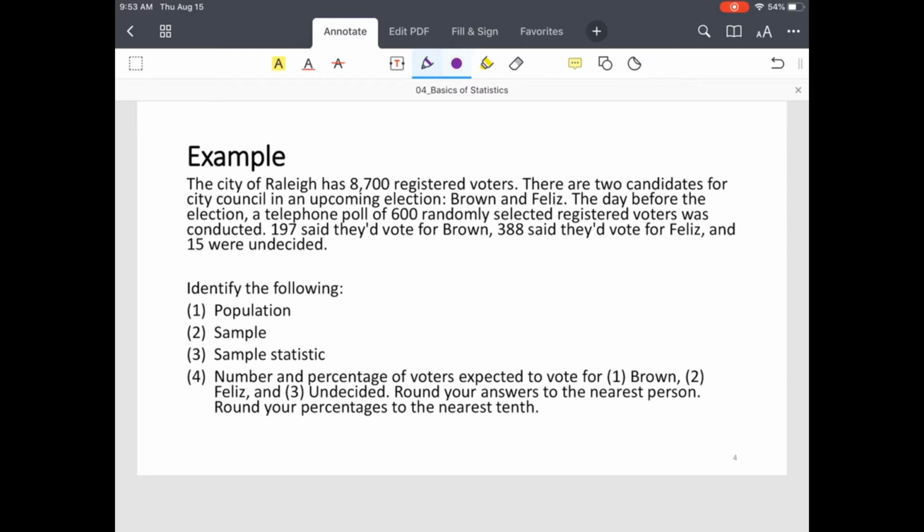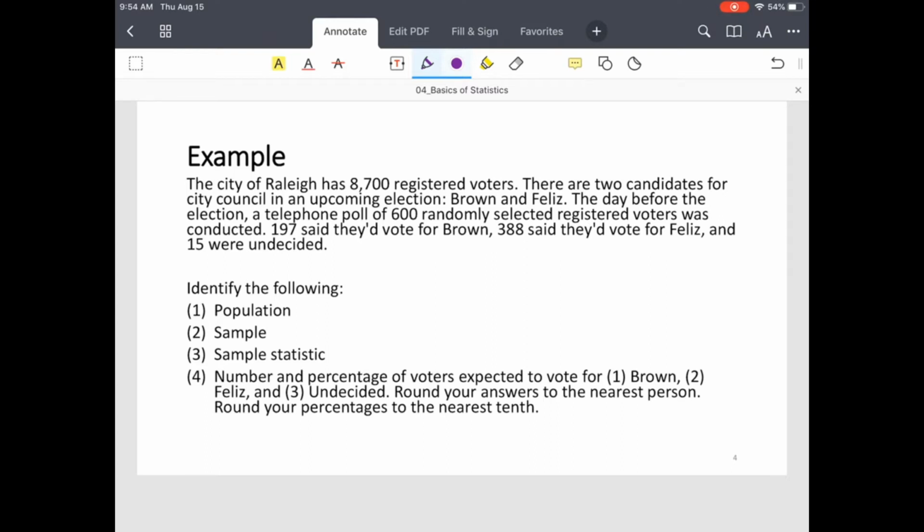So now we've got four things we want to identify: the population, the sample, and the statistics, and then we're going to apply those to answer the question for the number and percentage of voters expected to vote for Brown, Feliz, and who are undecided.